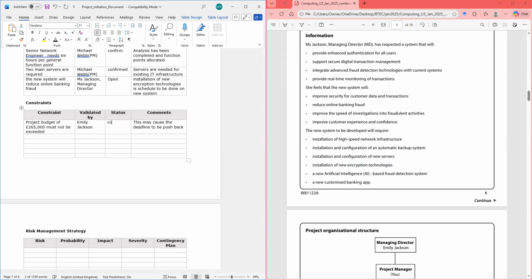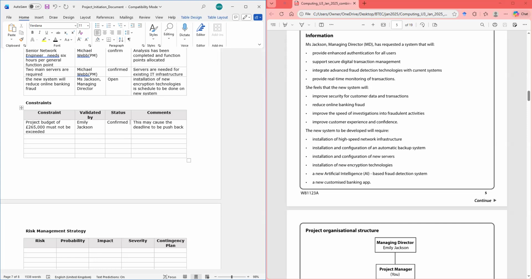Would be confirmed. And look at what the constraint is. If the budget exceeds 265,000, right, it's going to affect something else. You could put time or scope. So it's going to affect either the time or the scope.